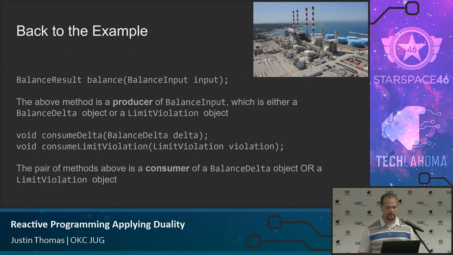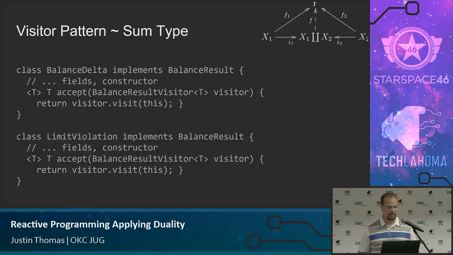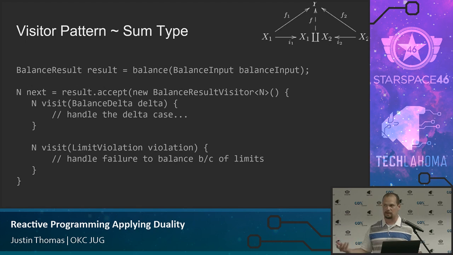I said consume delta, consume limit violation. I had two methods to handle the two cases, and now those two methods just look like my visitor pattern override. So you can see it's exactly the same construction, but what you're doing here is letting the compiler help you.